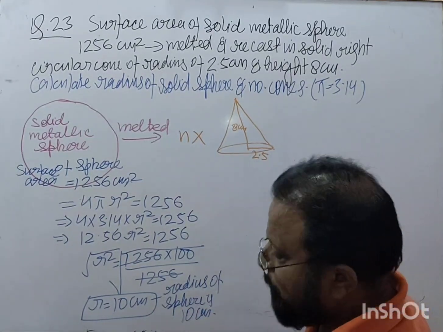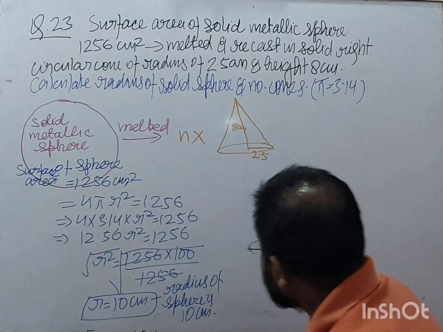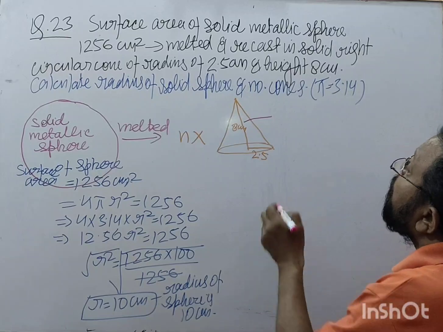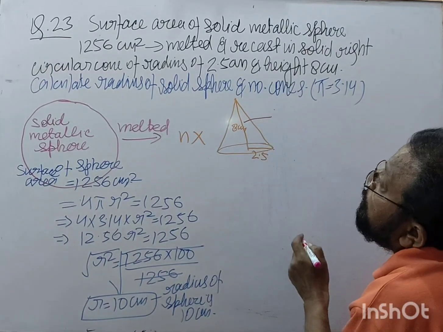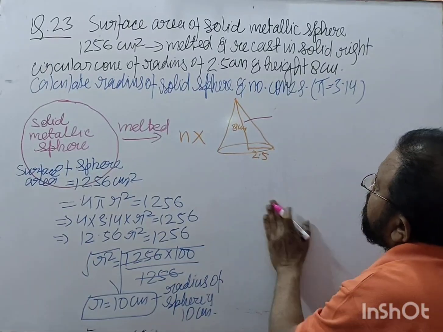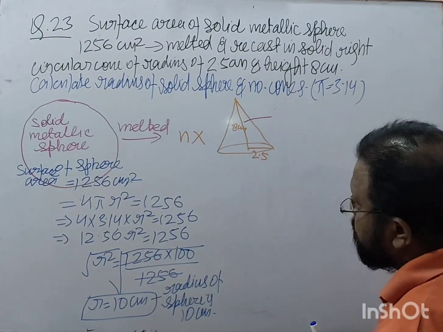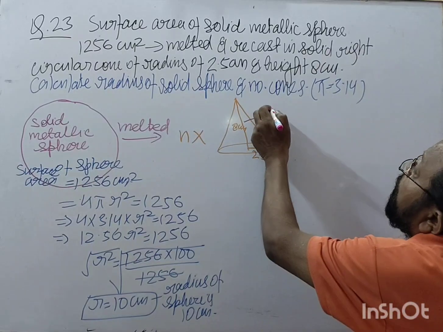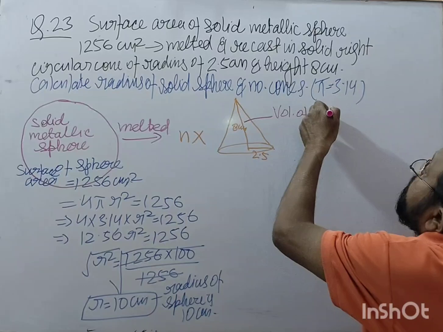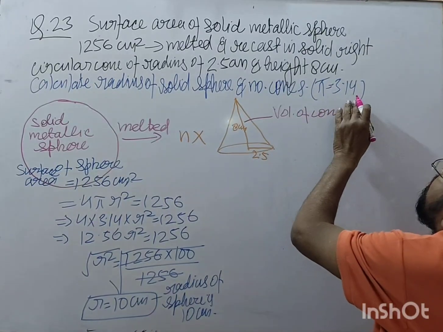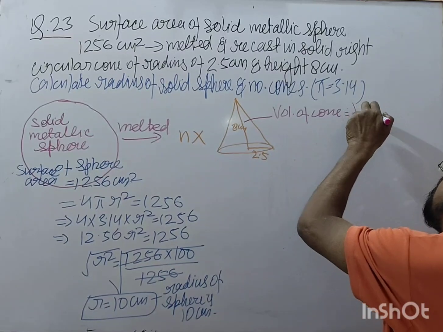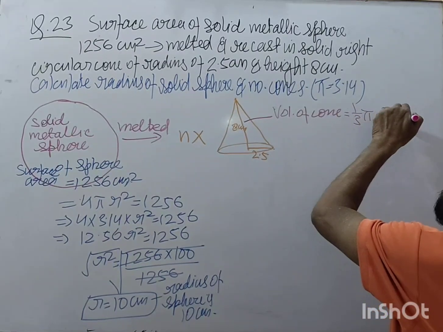Now the volume of a cone is 1 upon 3 pi r square h.